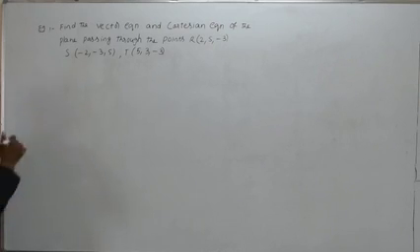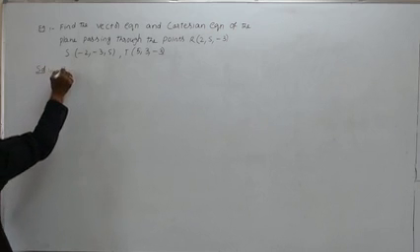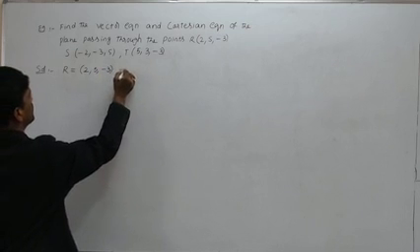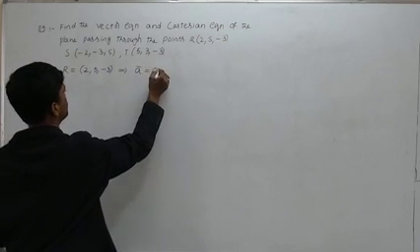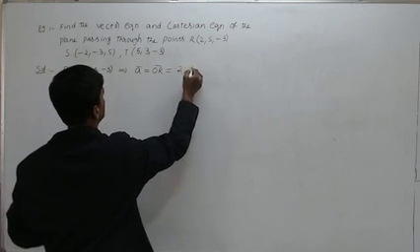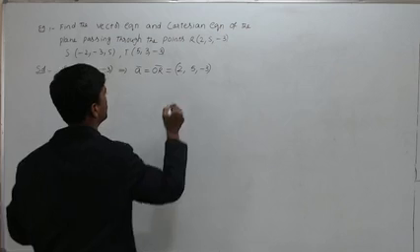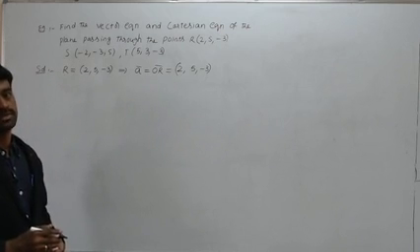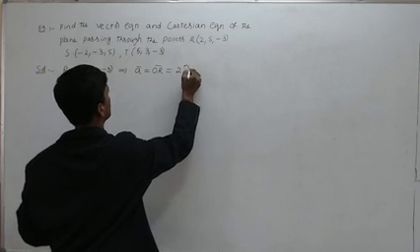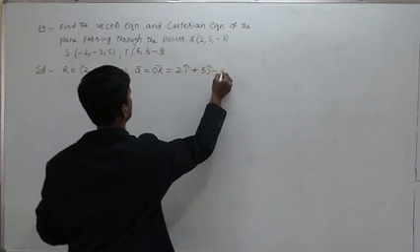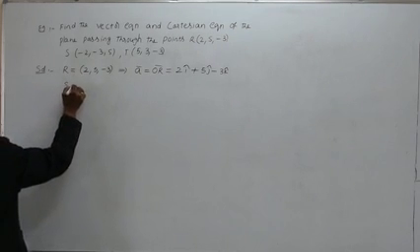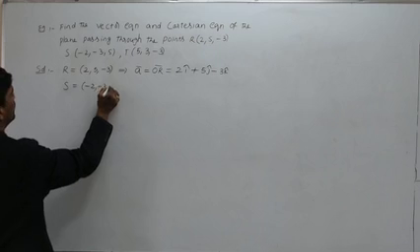So solution. Capital R coordinates are given as 2, 5, minus 3. So this implies that the vector A bar, which is nothing but the position vector of R, becomes 2i cap plus 5j cap minus 3k cap. Next, S is equal to minus 2, minus 3, 5.